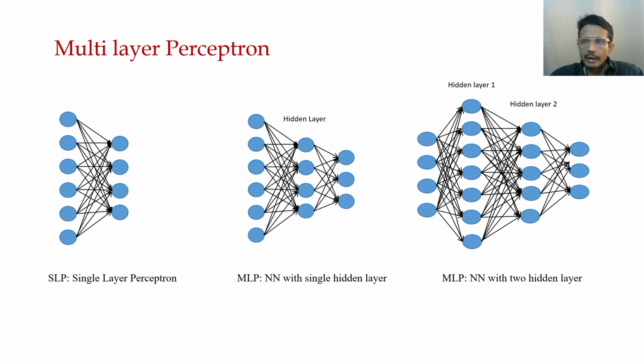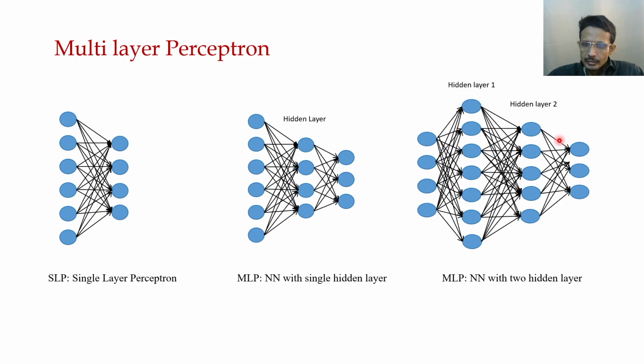Okay, now we formally define the multi-layer perceptron. We have seen the single layer perceptron, which has no hidden layer, only an input layer and an output layer. Then the multi-layer perceptron with a single hidden layer sits between the input layer and the output layer. It is also possible to have more than one hidden layer. In this example there are 2 hidden layers, but multiple hidden layers are possible between input and output.